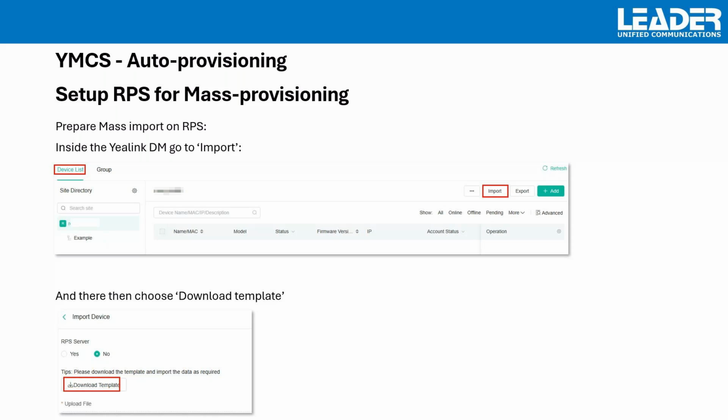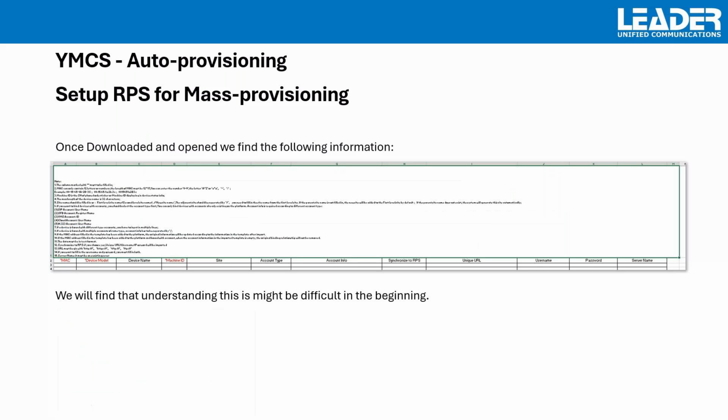Of course, when we use an RPS server, we would then click on the icon yes under RPS server. Once downloaded and opened, we will find a huge file. It has a lot of information there. It has some red entries and some other information that might be a little bit confusing.